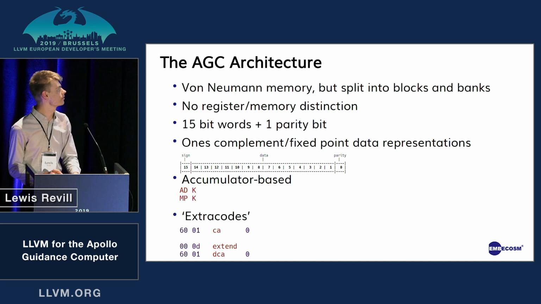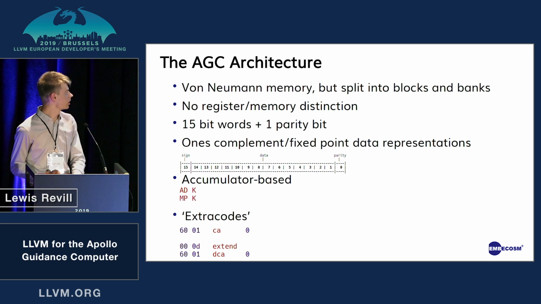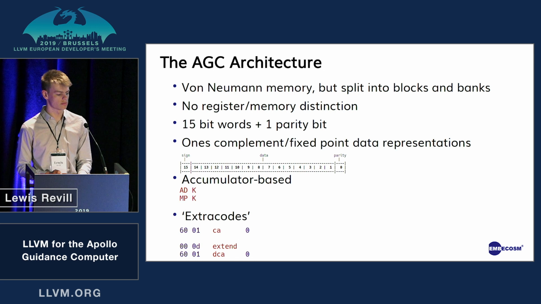Data was represented with 15-bit words plus one parity bit, usually interpreted as one's complement, and sometimes interpreted as fixed point. Most instructions were accumulator-based, and they also had the concept of extracodes in order to extend the encoding space for the instructions.